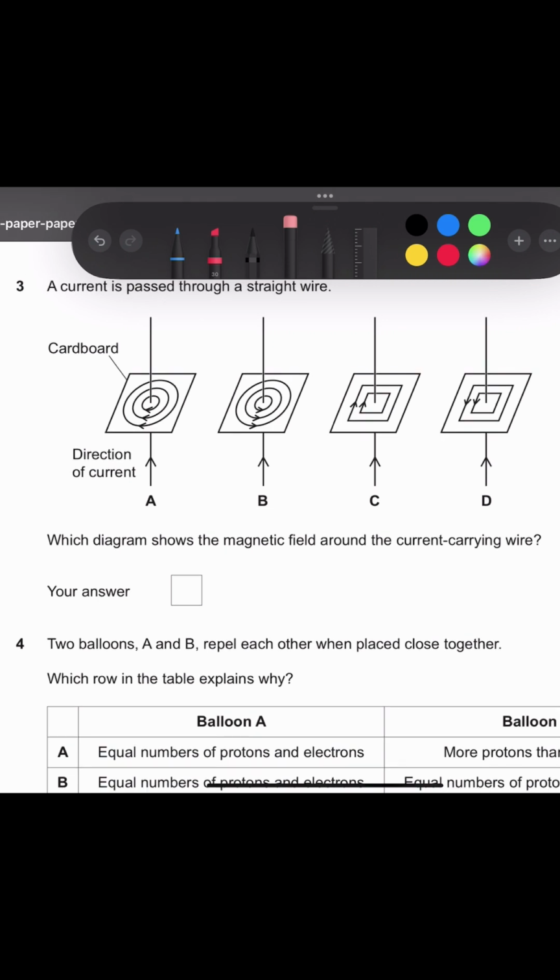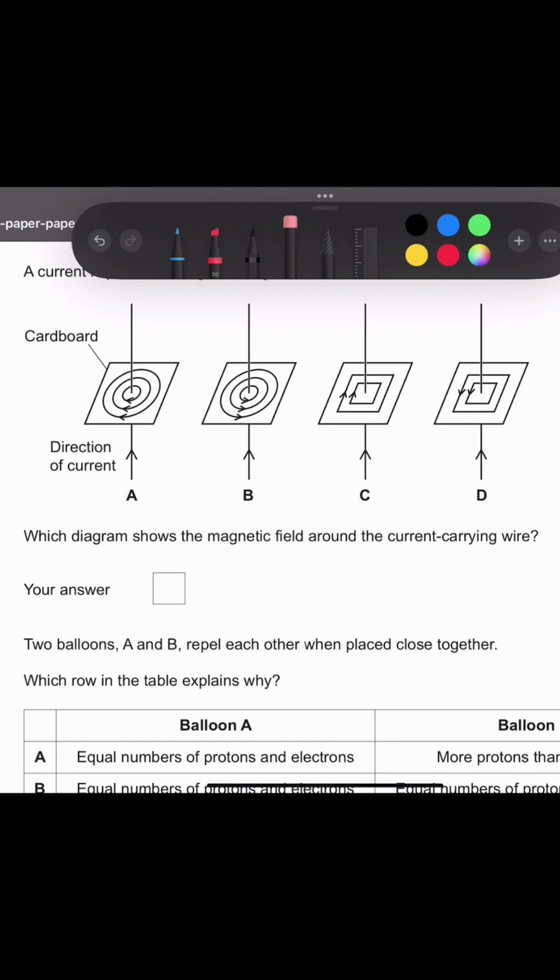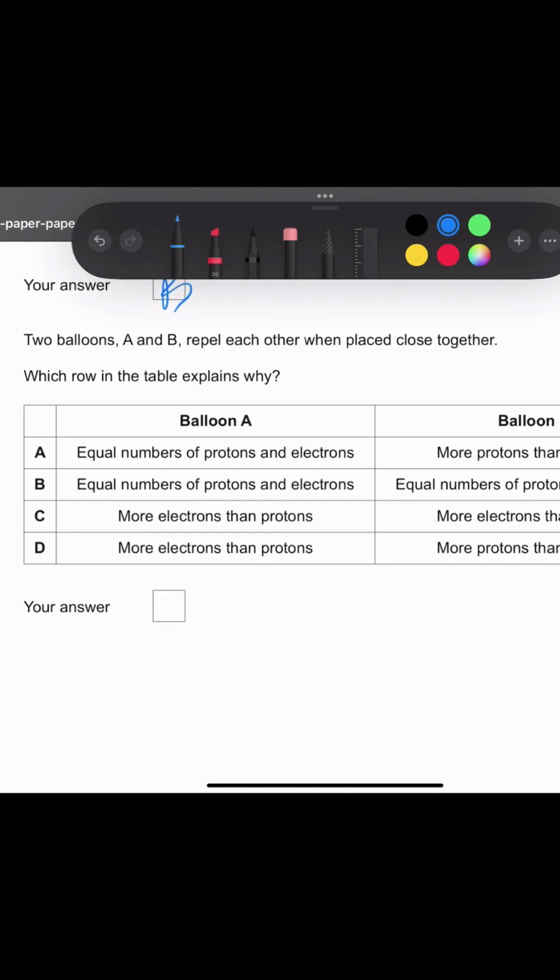What does this mean? It means that if the current is passing through a straight wire, it's going to form concentric circles all around it, and these concentric circles are going to be moving anti-clockwise as per Fleming's right-hand rule, and so you're going to have the answer B.